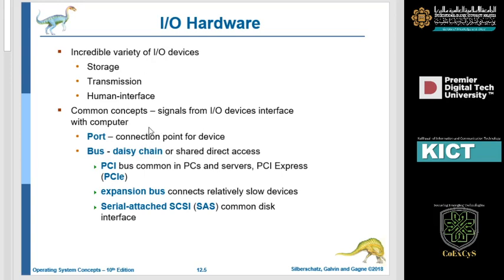So there are a lot of devices, and how do they communicate? A device communicates with the computer system by sending a signal over a cable or even through the air, depending on the medium or channel that you're using.